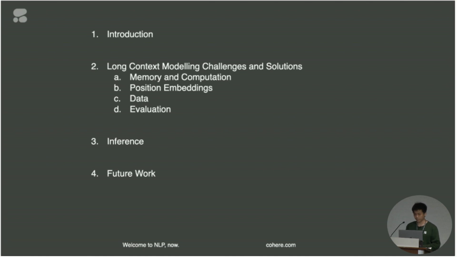I'll dive deeper into the challenges we're facing right now, and also the possible solutions we have. And I'll also specifically talk about inference for long context models for a bit. And then in the last part I'll give some pointers, some of the thoughts on what are some of the improvements we can make given the current status of long context models.